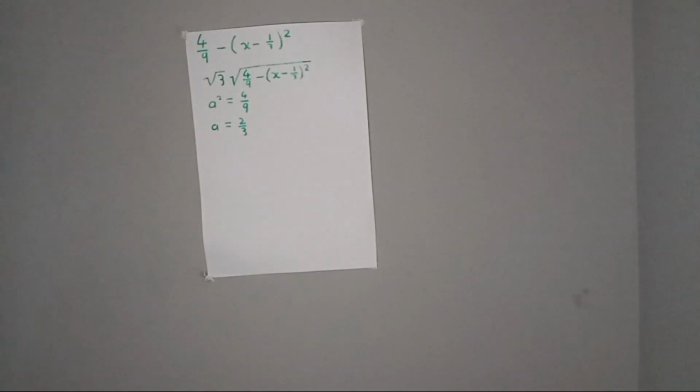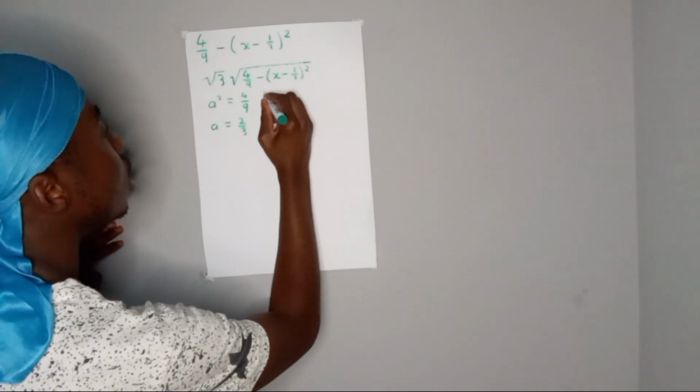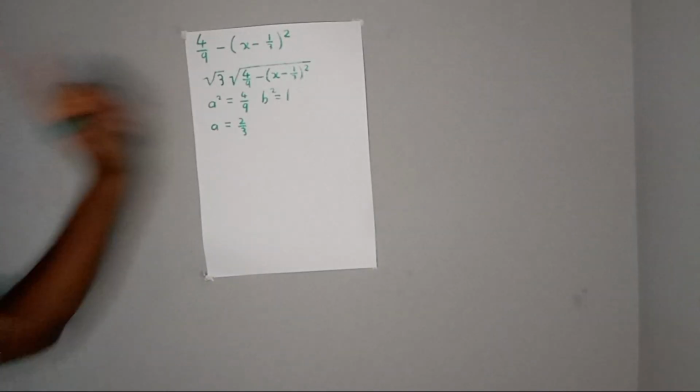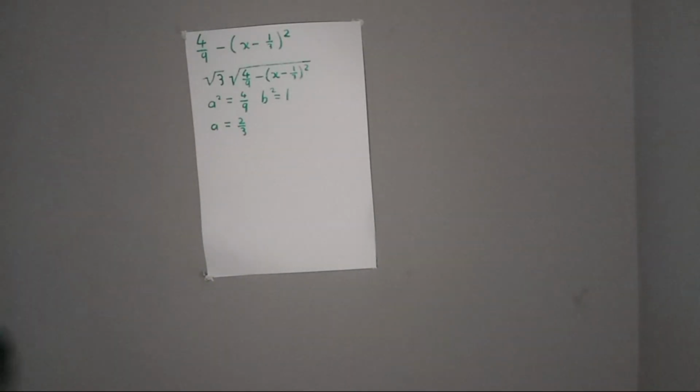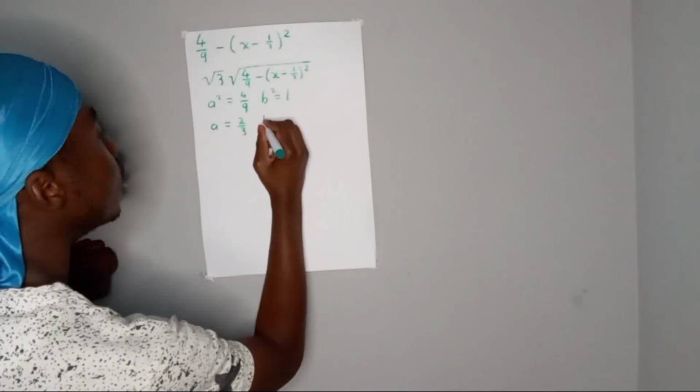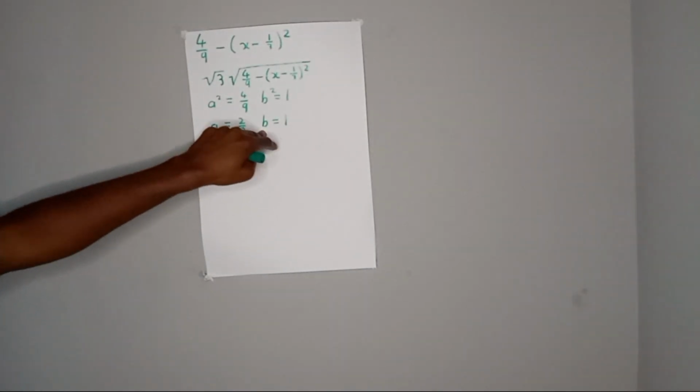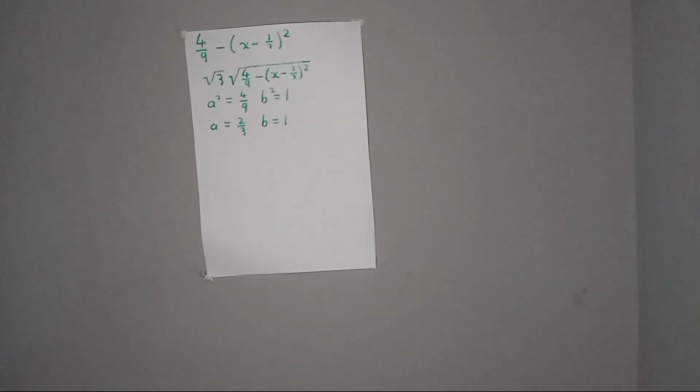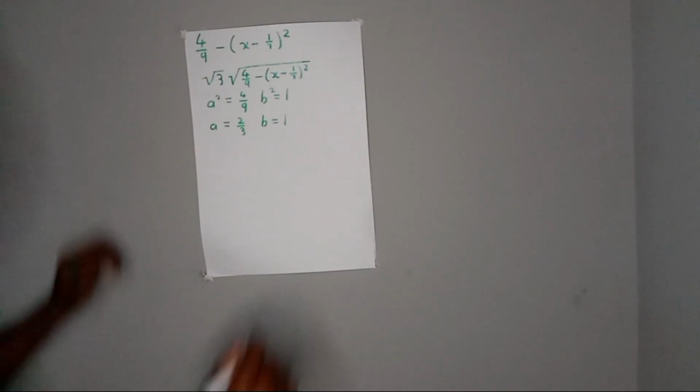Now let's look for the b squared. When your b squared is 1, that automatically makes b equal to 1. Last but not least, let's look for the x squared.